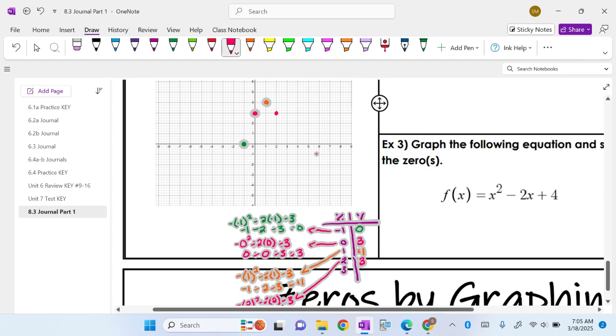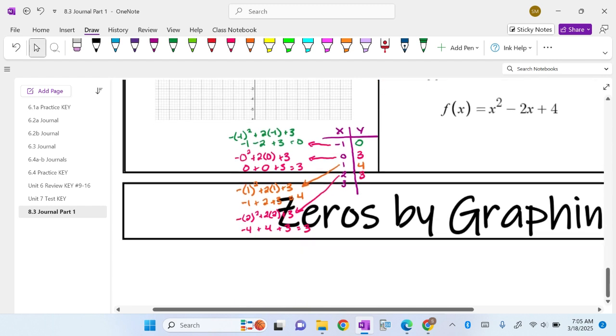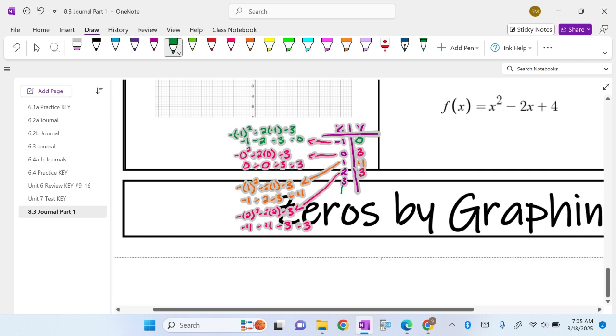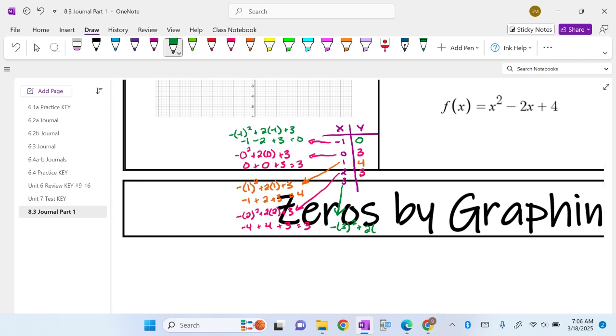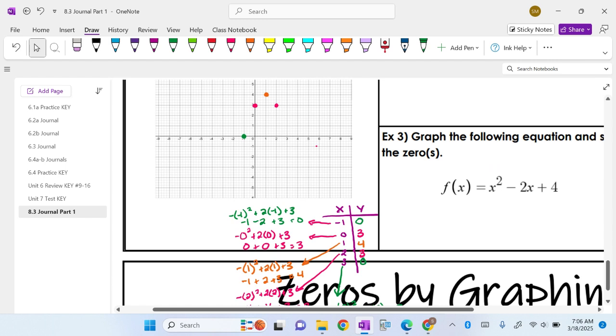So right here. And then finally 3. So that would be negative 3 all squared plus 2 times 3 plus 3. So 3 squared is 9, so negative 9 plus 6 plus 3. 6 plus 3 is 9. Minus 9 is 0. So right here.